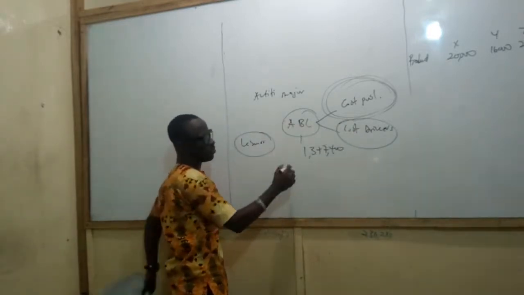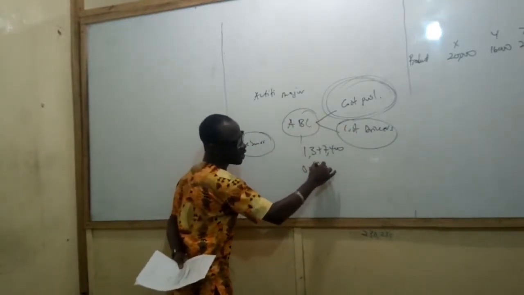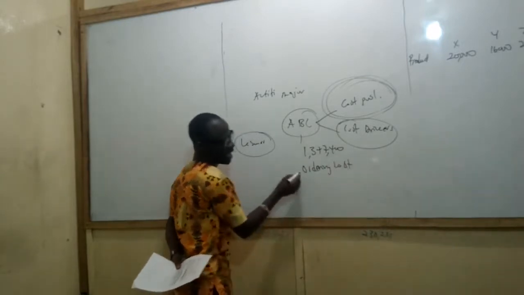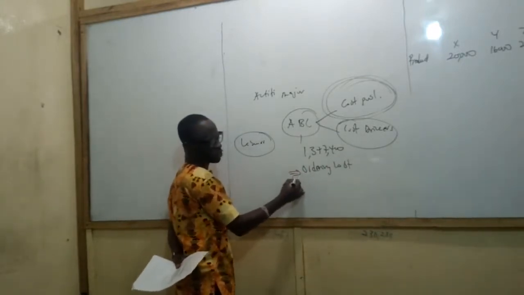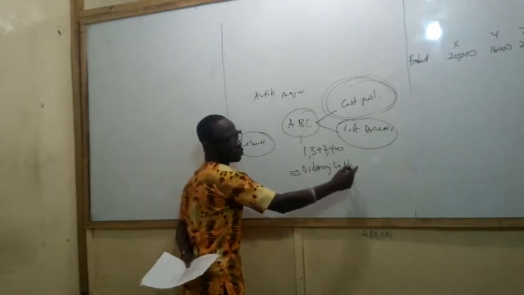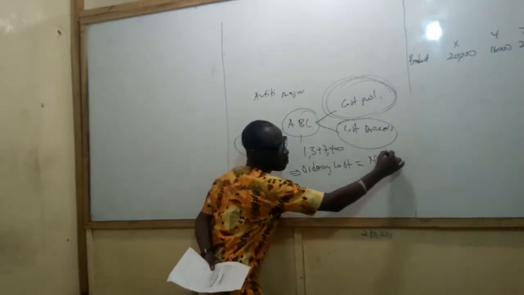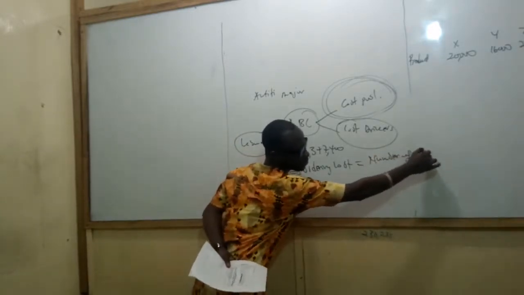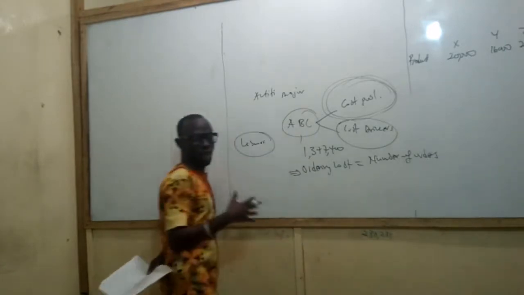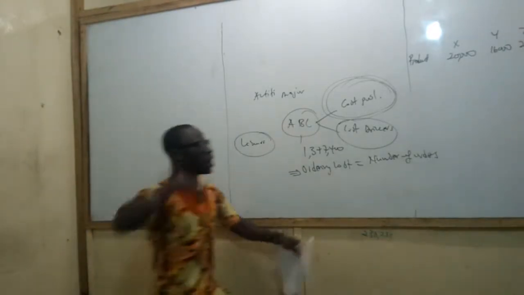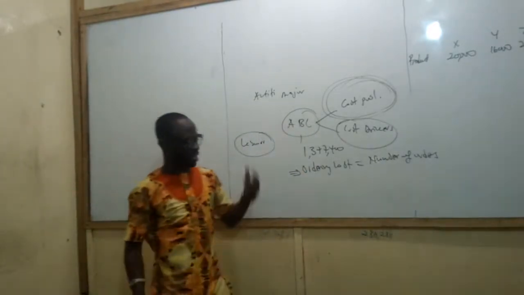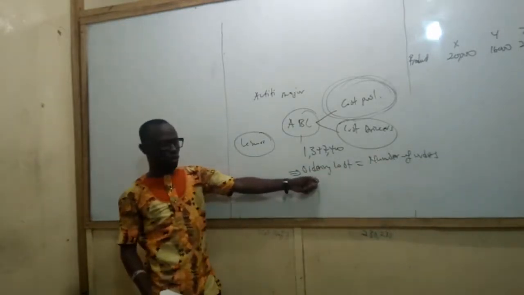Let me give you an example. If you are looking at ordering cost, how do we determine ordering cost? The size of ordering cost will be dependent on what? The number of orders you make, isn't it? If you are looking for your ordering cost, the number of orders you make during a period will determine your ordering cost.